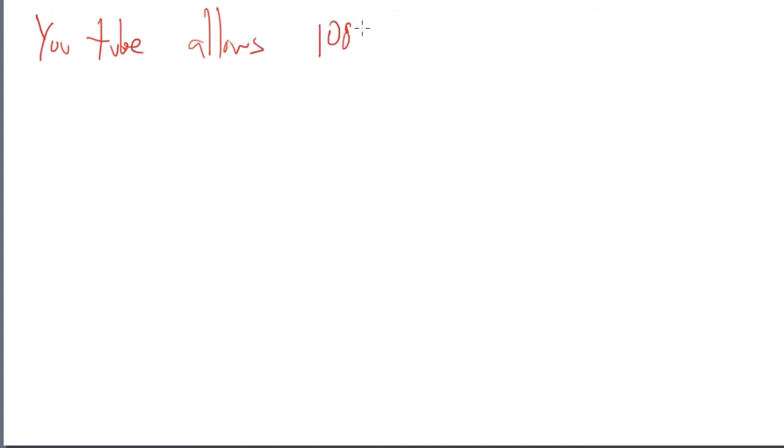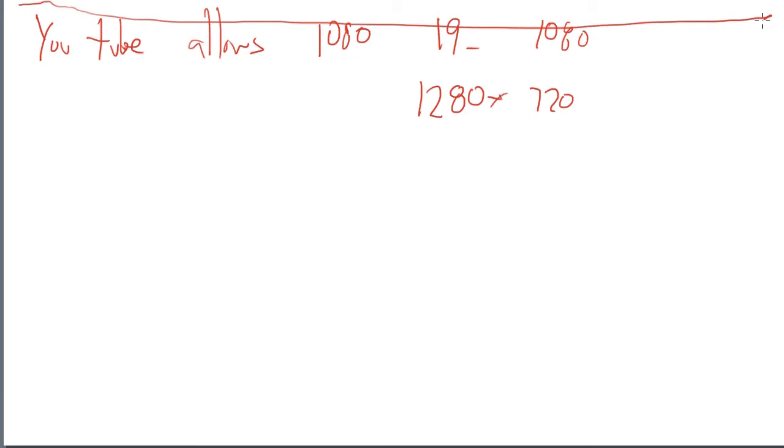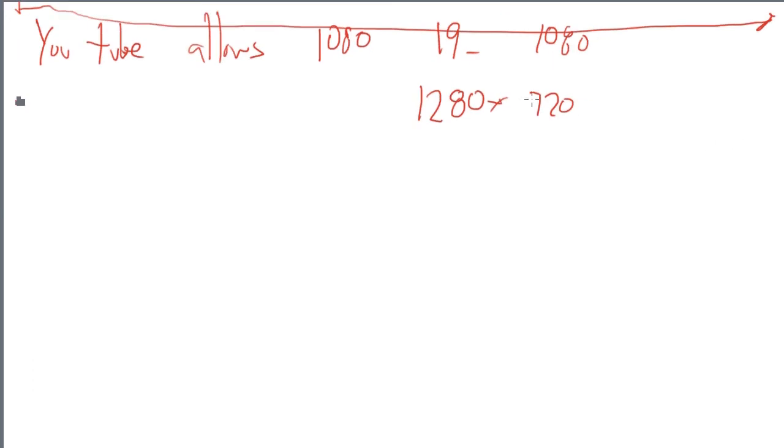1080, which I think is something like 19 something by 1080 pixels, but I'm basically using this right now as 1280 by 720. So if we look at here, the pixelization of the screen I've got in front of me, that across from here to here, I've got that as being 1280.